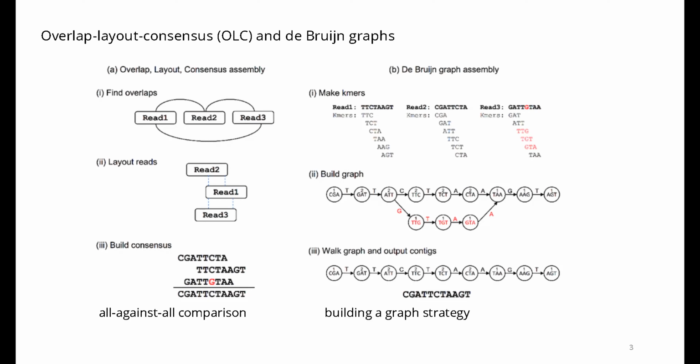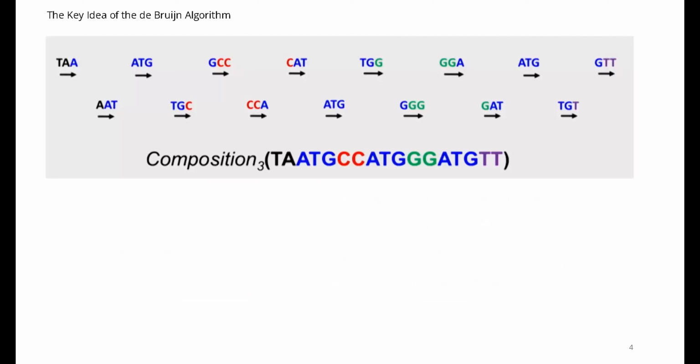And the authors of this paper suggest how we do it nowadays. But before we go deep into the algorithm, which is a variation of the de Bruijn graph, let's get into the key idea and how the de Bruijn graph works.